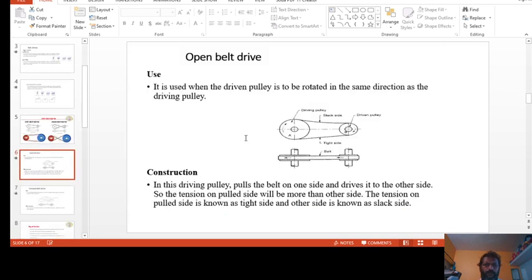Coming to the construction of the open belt drive, it is used when the driven pulley is to be rotated in the same direction as the driving pulley. In this, the driving pulley pulls the belt on one side and drives it to the other side, so that the tension on the pulled side will be more than on the other side. The tension on the pulled side is known as the tight side, and the other side is known as the slack side.